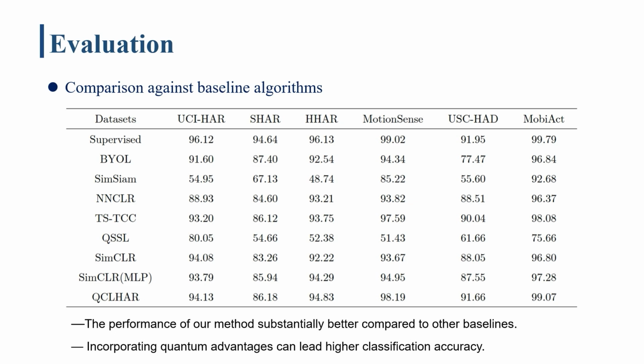The first results compare with supervised learning, traditional self-supervised learning, and quantum self-supervised learning. We compare our QCL-HAR method with these. Over all 6 data sets, our performance is better than the existing ones.